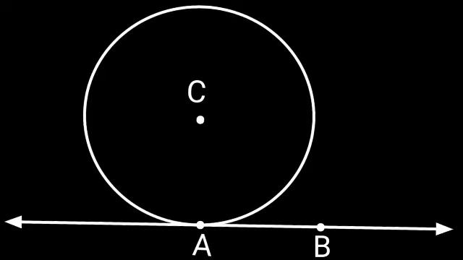In this given figure, AB is a tangent of the circle having center C. A is the touching point of the tangent and circle.